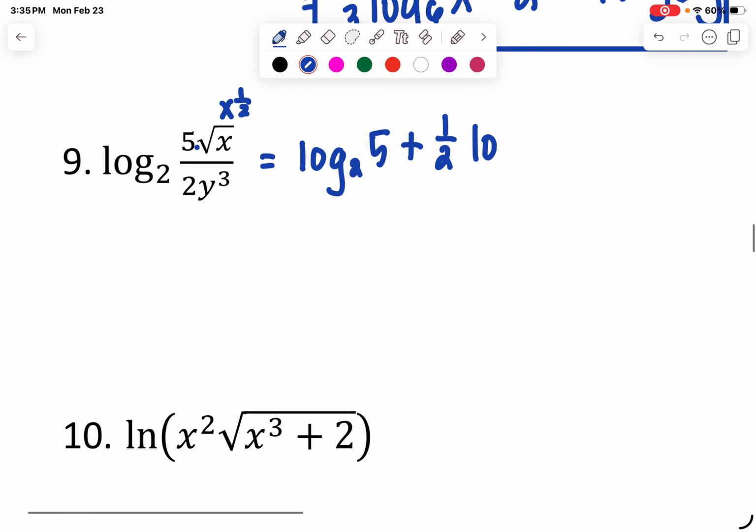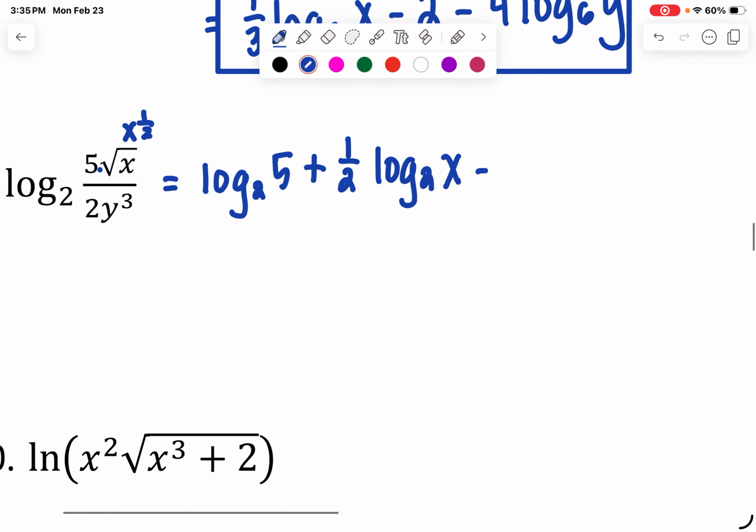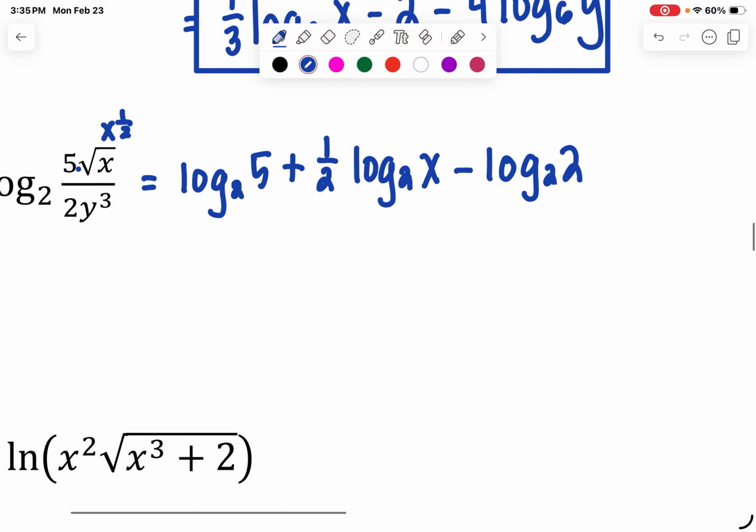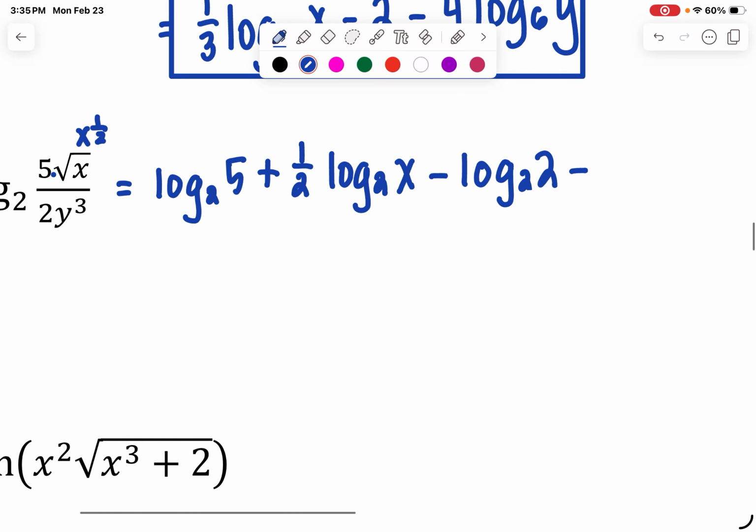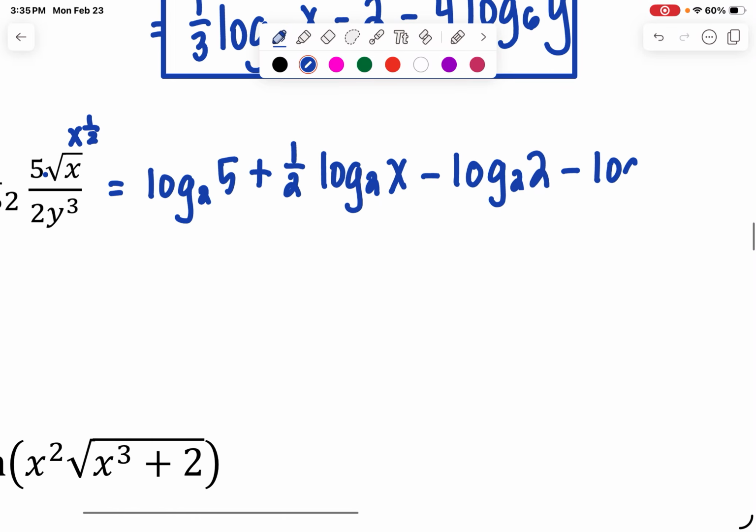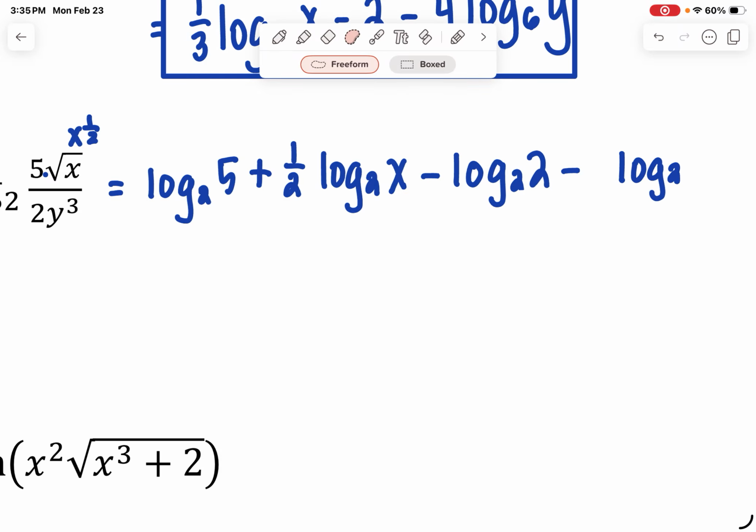So 1/2 log base 2 of x. Now I'm in the denominator, so I'm going to go minus log base 2 of 2. Still in the denominator, so minus log base 2 of y cubed. So I'm going to move this over. Instead of putting y cubed, I'm going to put the cube in front of that.